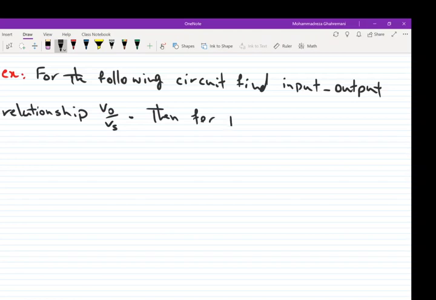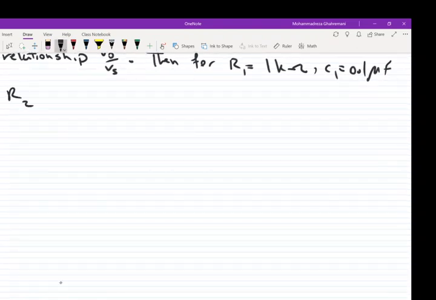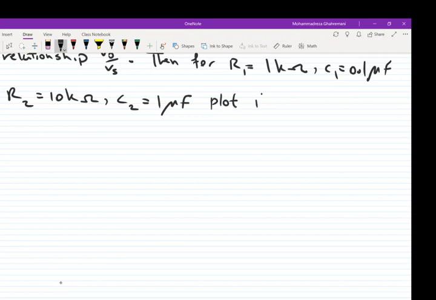Then for R1 equal to 1 kilo ohm, C1 equal to 0.1 microfarad, R2 equal to 10 kilo ohms, and C2 equal to 1 microfarad, plot the frequency response and discuss the characteristics.